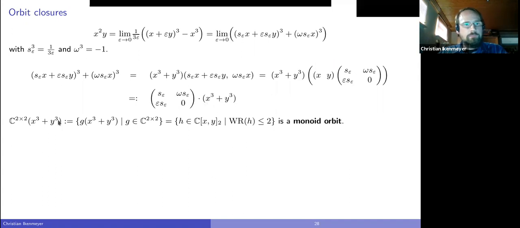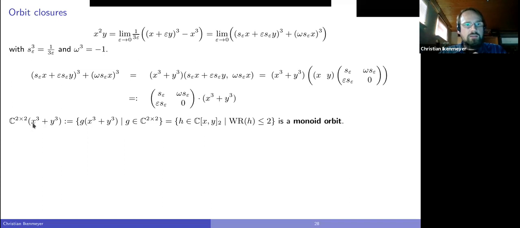And you can now say, okay, well, I might as well have a look at all the 2x2 matrices and apply them to x cubed plus y cubed. You take all the matrices, you apply them, you get a set that is indeed the set of polynomials whose Waring rank is at most 2.